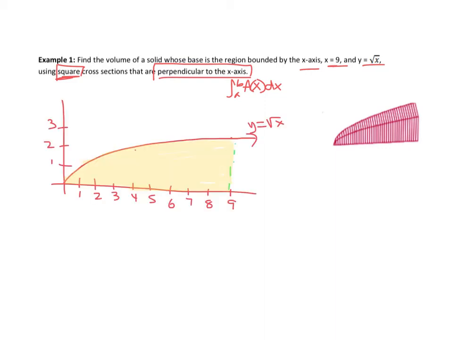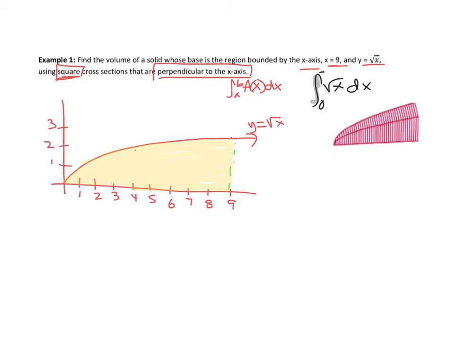So first of all, this is the area between the curve y equals square root of x, the line x equals 9, and the x-axis. Now, the first thing people tend to want to do, and I'll tell you right now this is wrong, is they want to do it like this.